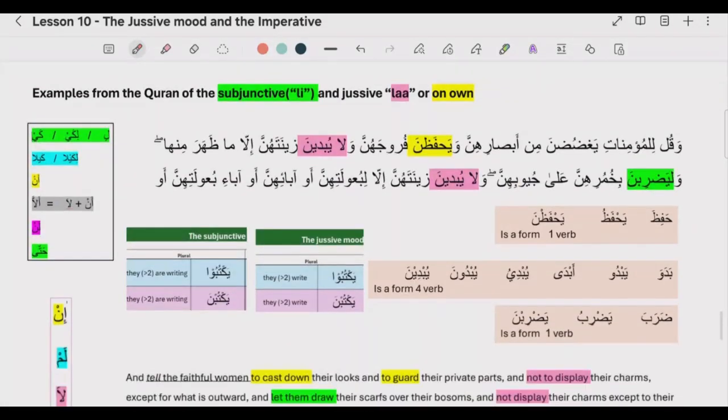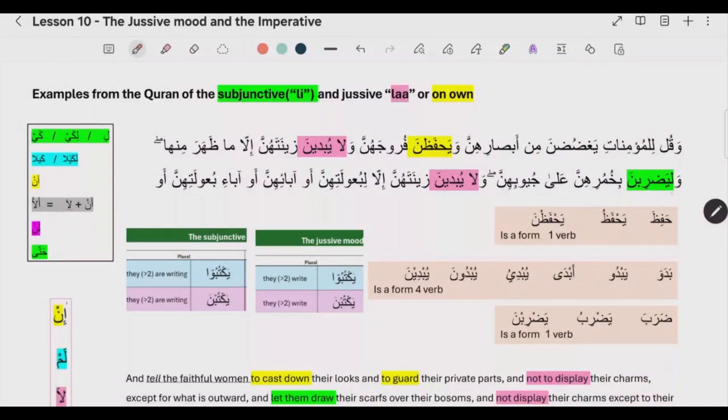Okay, then examples from the Quran using li again. You have wali yadribna. This li is the li introducing the subjunctive, right? But we notice that yadribna for the feminine, you notice the two feminines, whether in jussive or subjunctive, look the same.